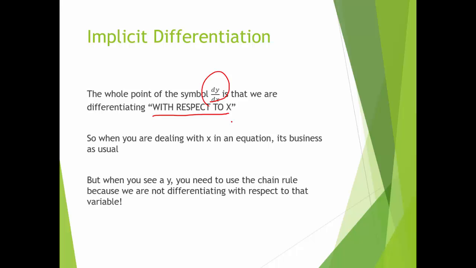Anytime I see an x, business as usual, I use all my rules that I've used before: power rule, chain rule, etc. But when I see a y in an implicit equation, I need to use the chain rule, and you'll see what I mean in a second, to show that I'm not differentiating with respect to y. I'm differentiating with respect to x.